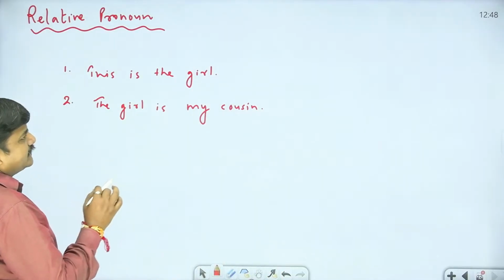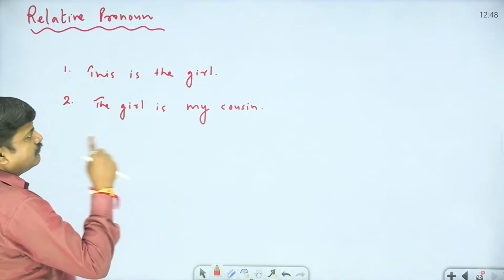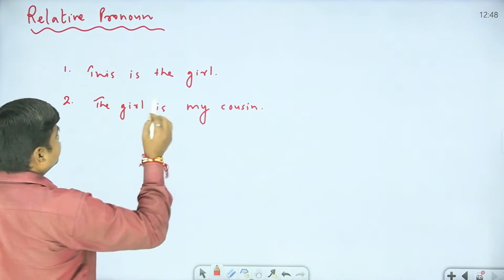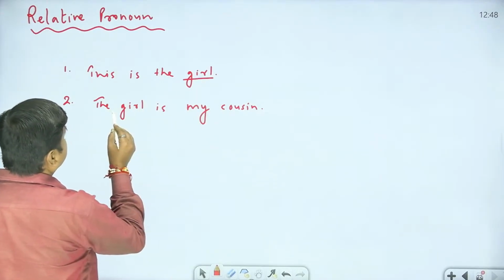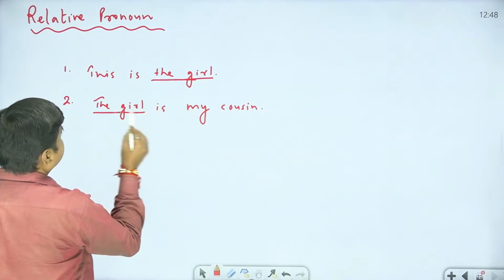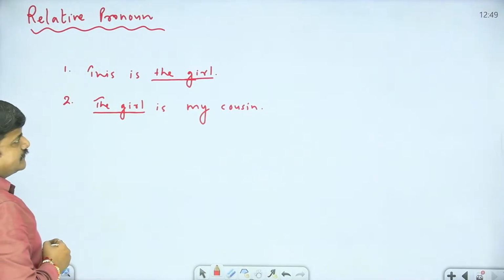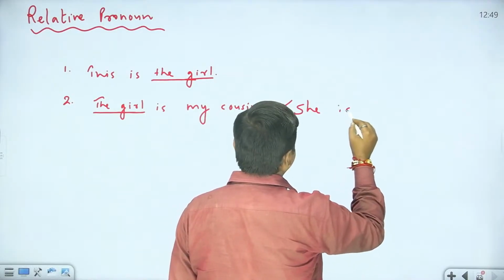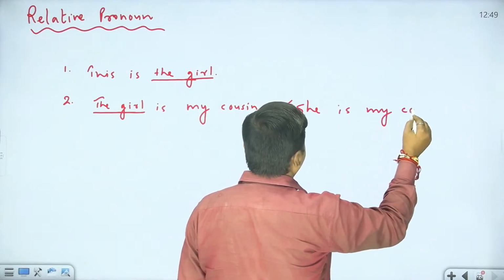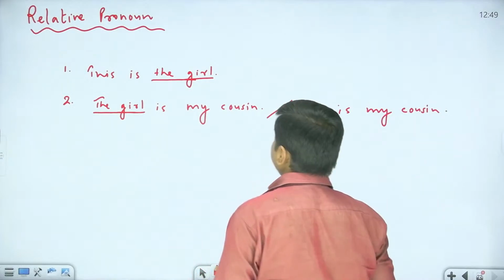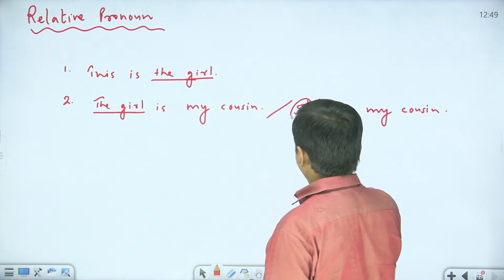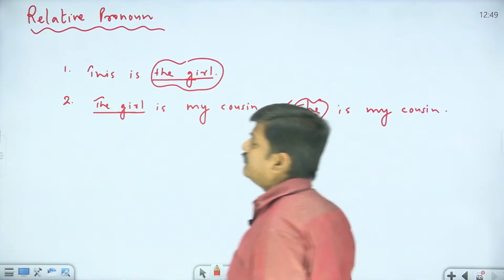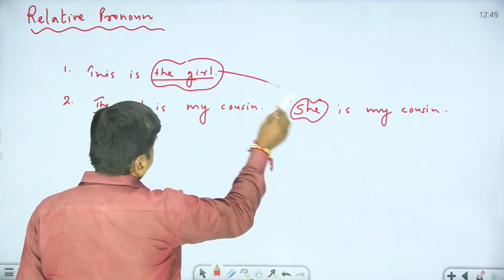Just see that there is one common word in both the sentences, and that word is girl. The girl is here, the girl is here. Of course, the sentence can be written like this as well: She is my cousin. If the sentence is like that, this word and this word are actually the same. This is noun and this is pronoun for the same noun.